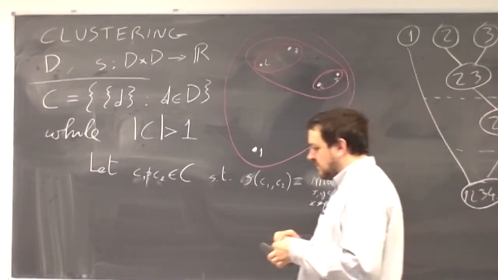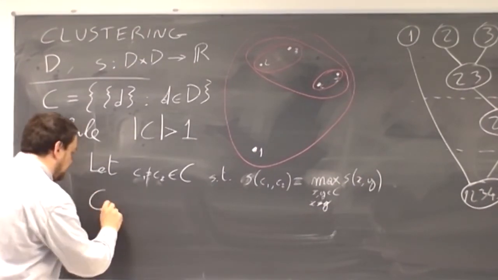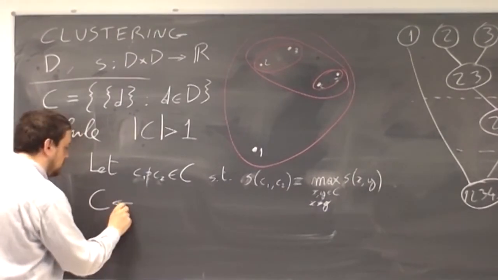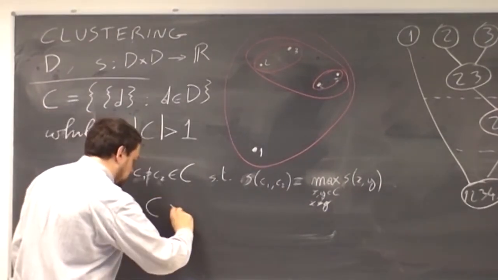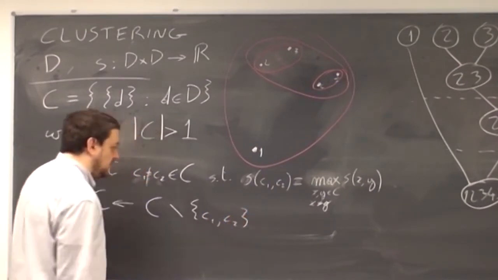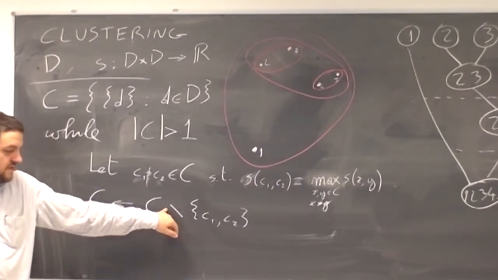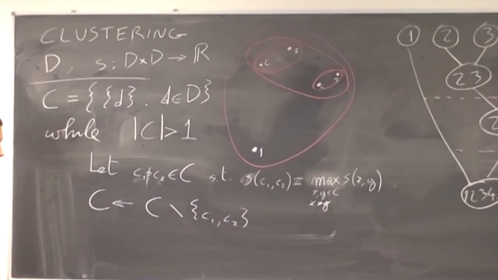Next, once I have found the two clusters, I remove them from C. So I take C1 and C2 out of C. This is the set difference. Okay.